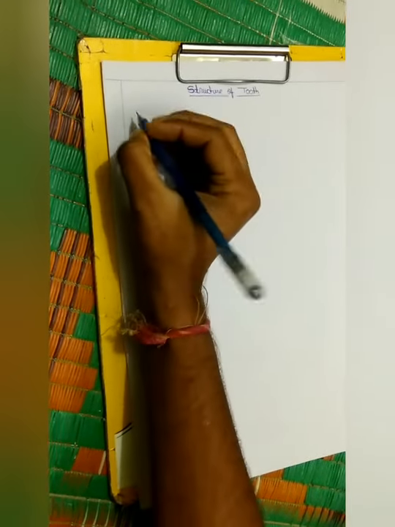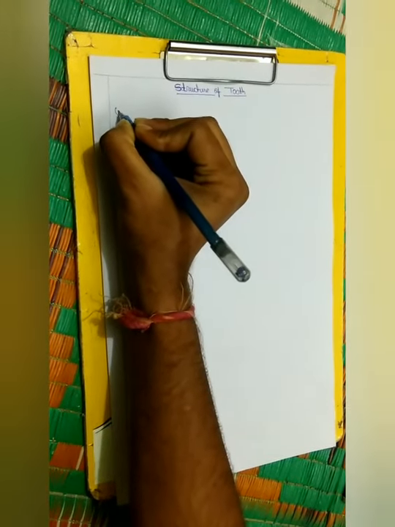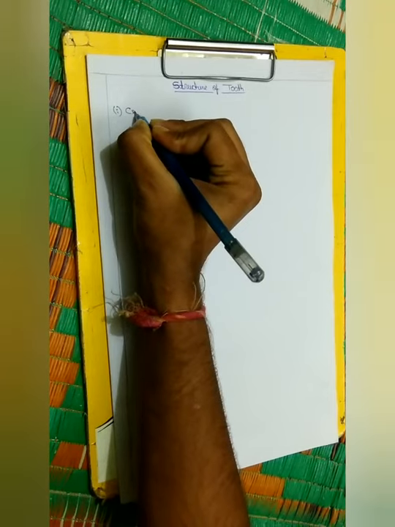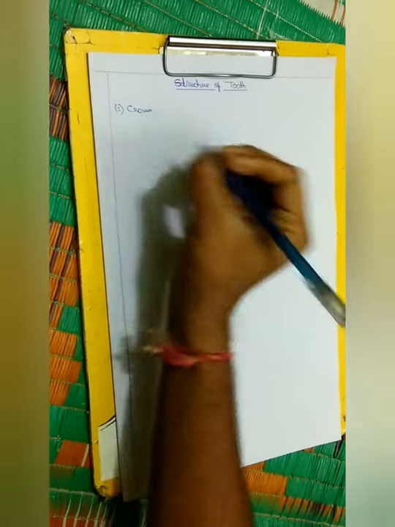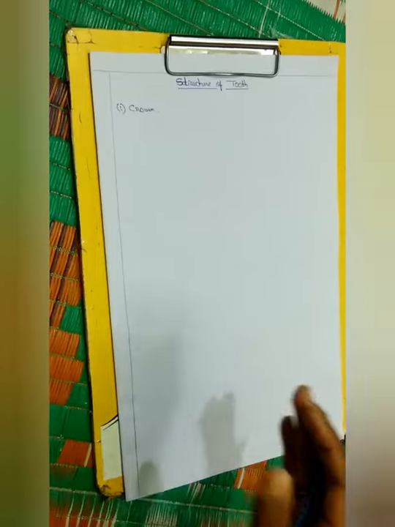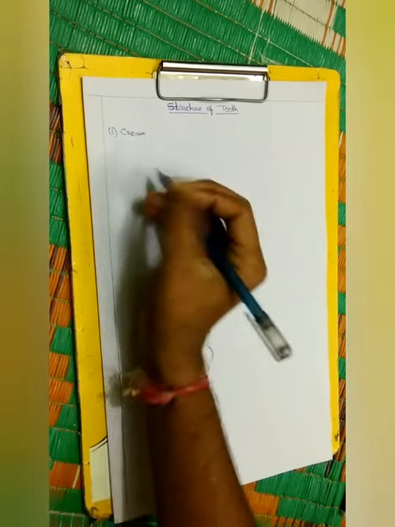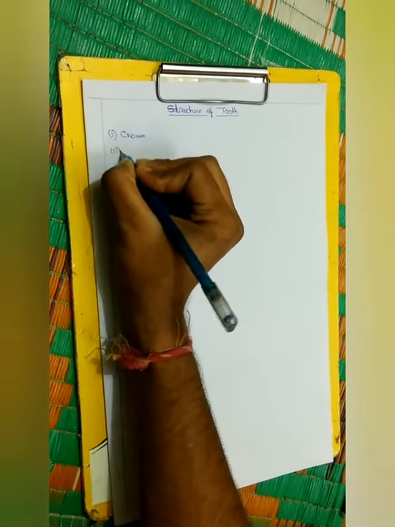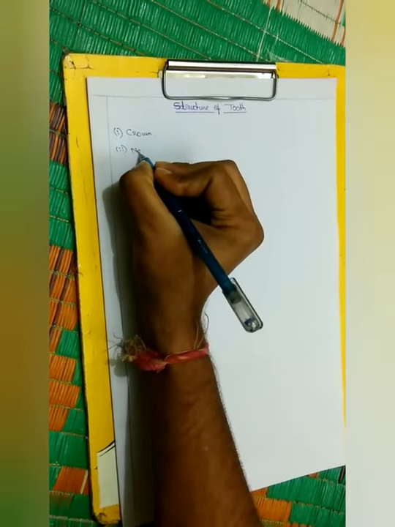At first, the tooth has three divisions. The first one is the crown, means the white part that is visible in the teeth is called the crown. The second one is the neck.